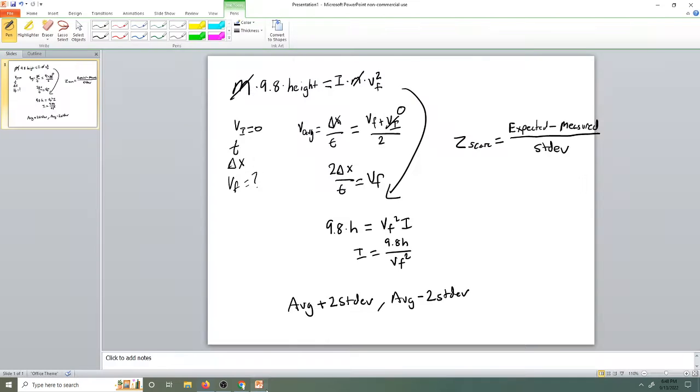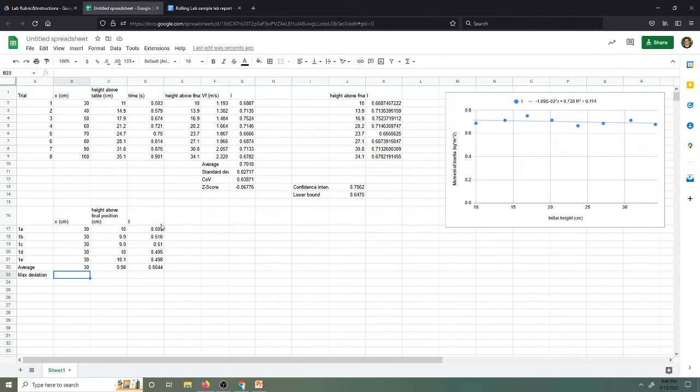Let me write this out. So again, max deviation is biggest minus smallest over average. Okay, so for x, it's equals, oh, sorry, that's not it. We're just going to do the max deviation is just biggest minus smallest to start.